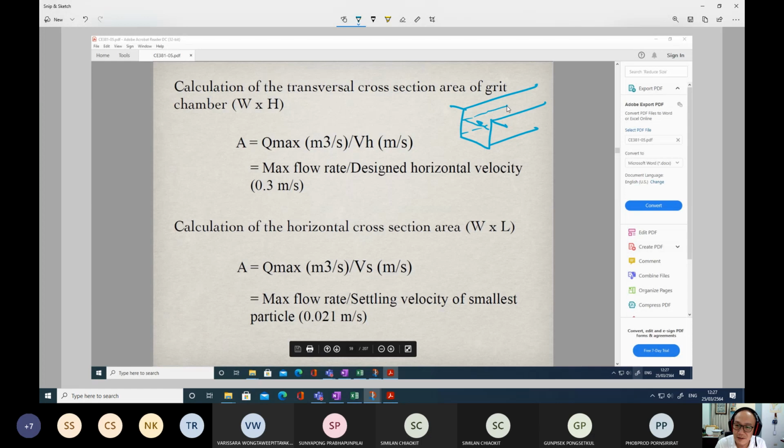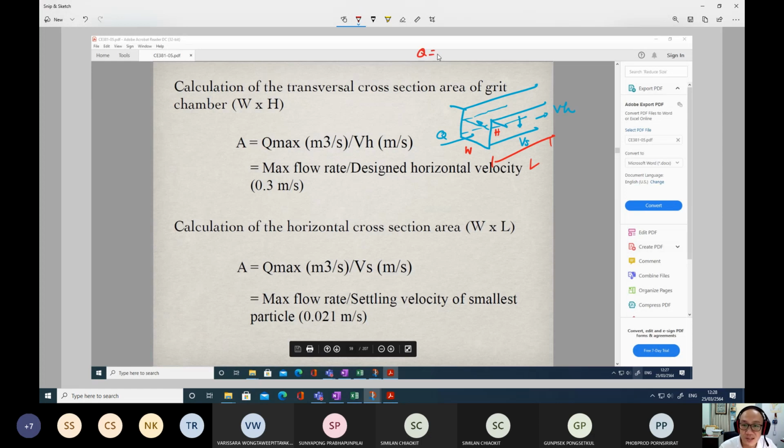Water level. Flow rate. And this is the settling velocity, and this is the horizontal velocity. This one is the width, and this one is the height, and the settling velocity with the length out. According to this relationship, what will you get?